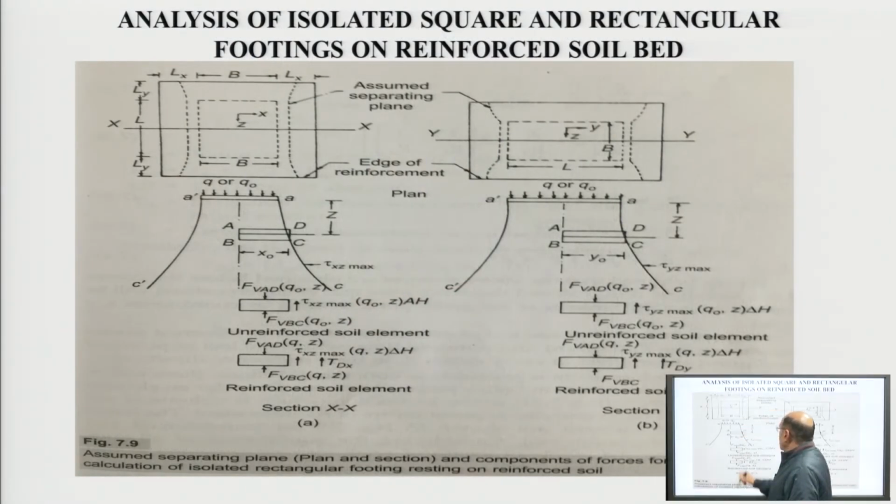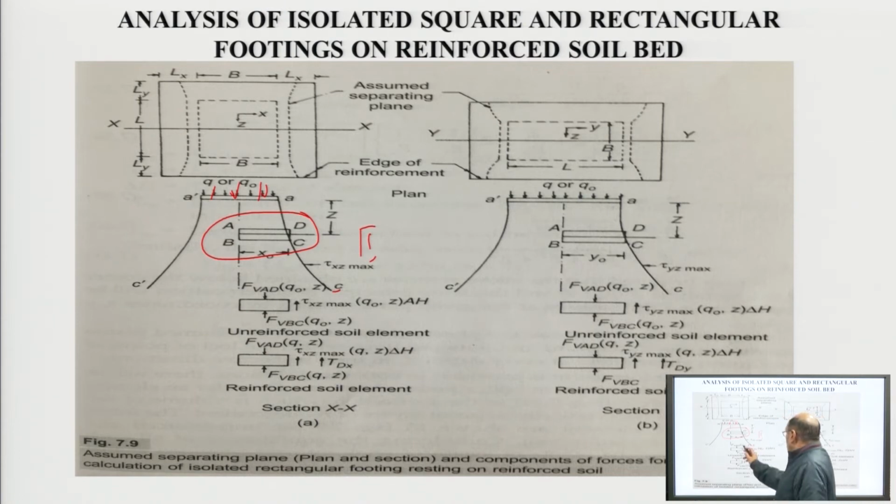Now load Q or Q0 is applied vertically downward. This is the plane of maximum shear force, this is zone 2, this is the depth of the reinforcing bar, and this is the element at x0, a point on the plane. So, A, B, C, D is the element where the force will act.